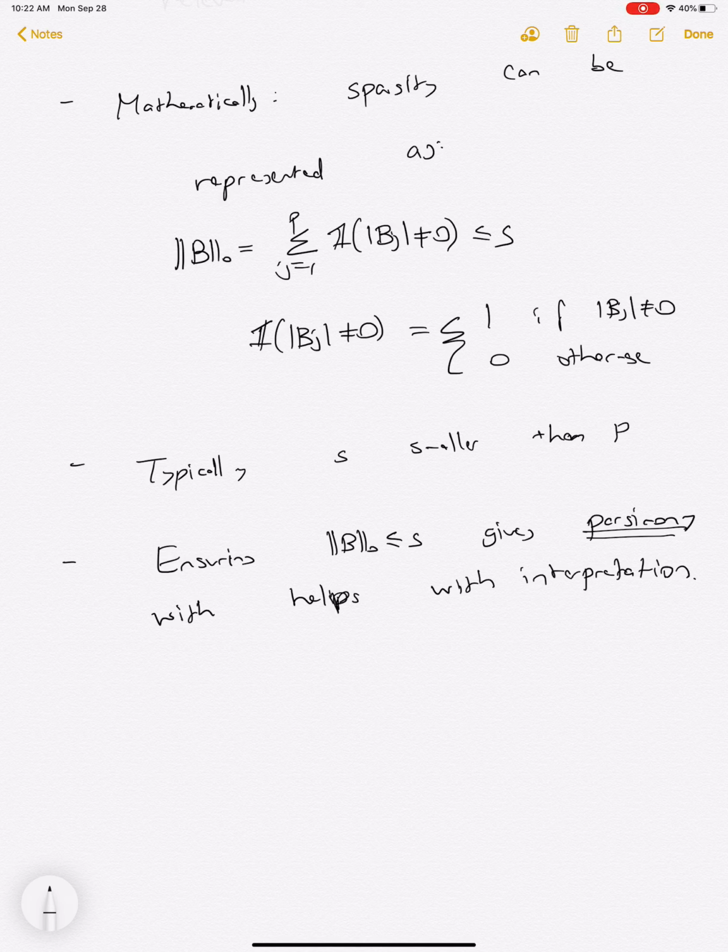So if we go back to that example of the gene expression for hundreds of thousands of genes, and you're looking at the effect of those genes on a particular genetic disorder, if you got a model which just said that all of the hundreds of thousands of genes have a little bit of influence, that isn't very interpretable to a practitioner.